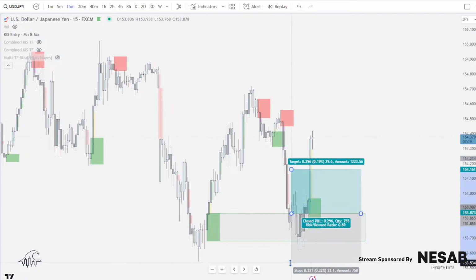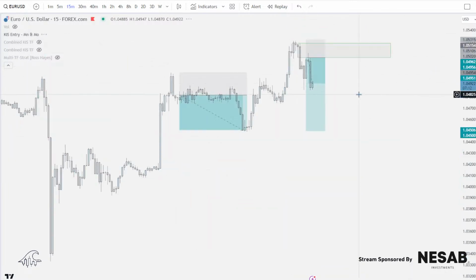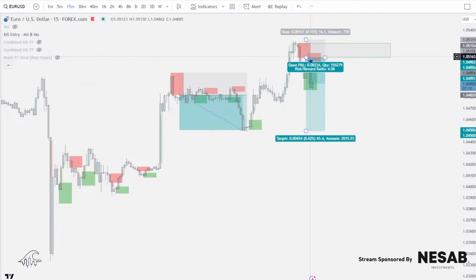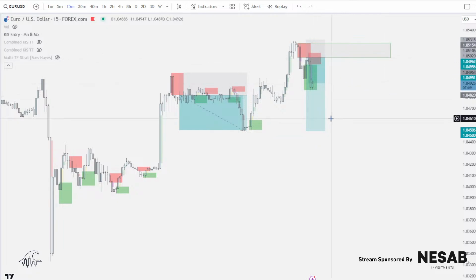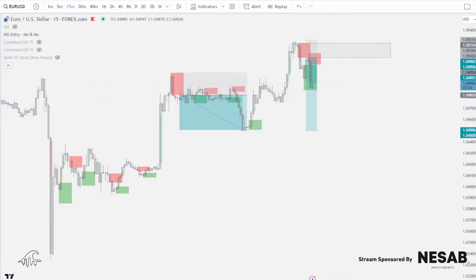This is an example only. Unlike the Euro trade, this is a position you could take. Price stayed there for a little bit, then it moved. So that's a position you could have actually taken right there. We're waiting for higher points of liquidity. I am personally. You don't have to do that. That's a personal preference.